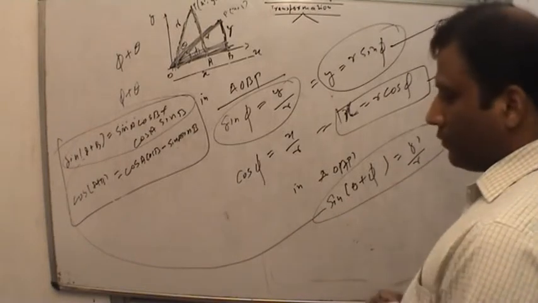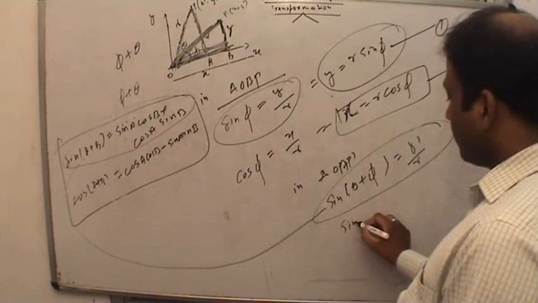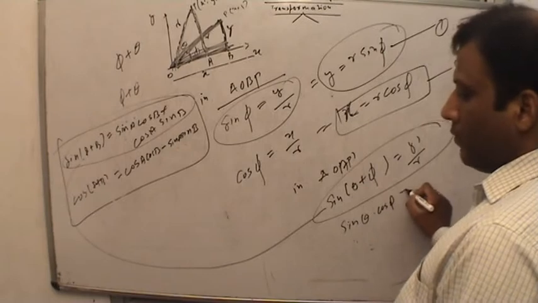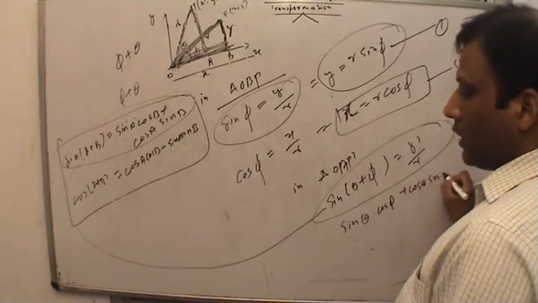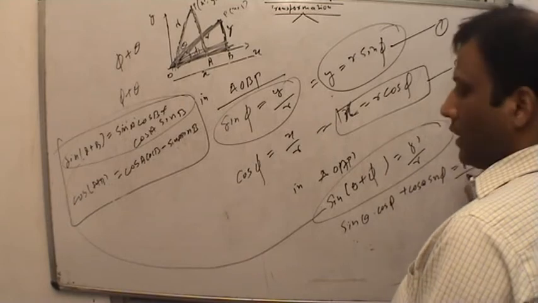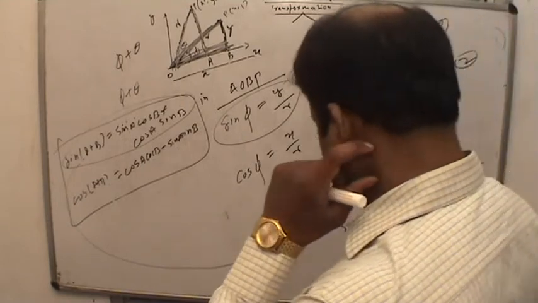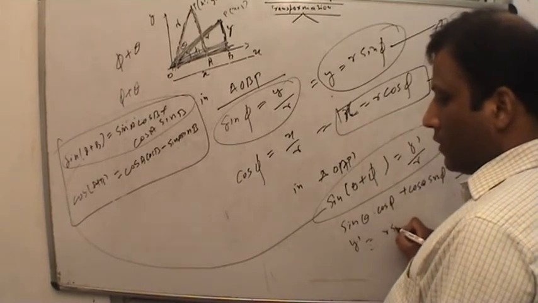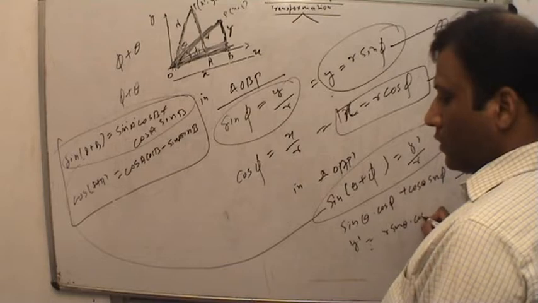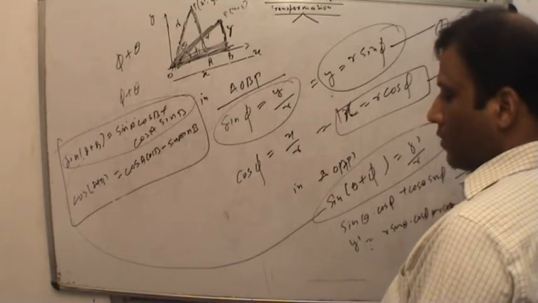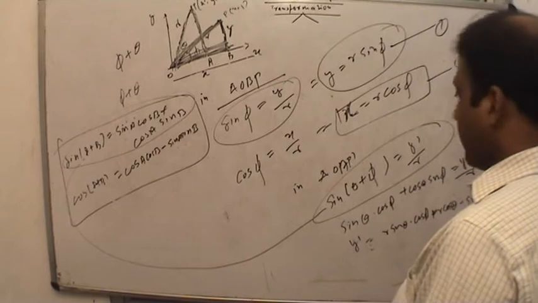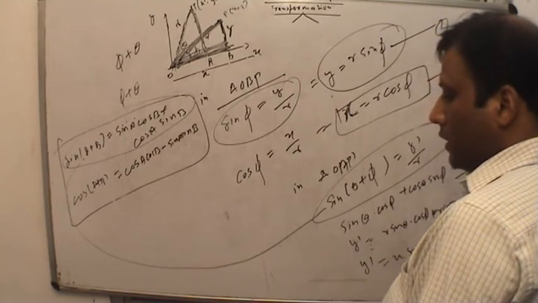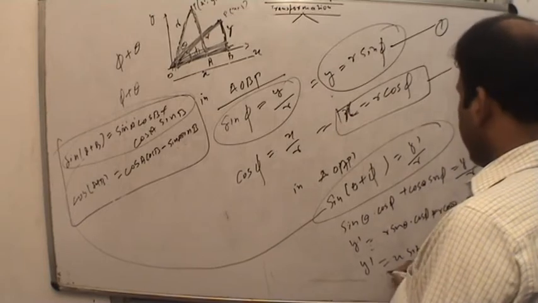We get sin theta into cos phi plus cos theta sin phi equal to y dash by r. And now we get y dash is equal to r sin theta cos phi plus r cos theta sin phi. And now we get y dash equal to x sin theta plus y cos theta.